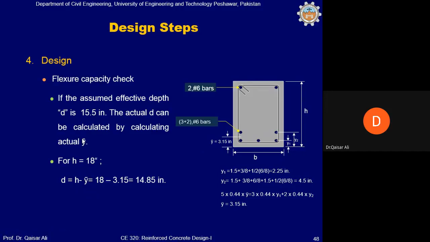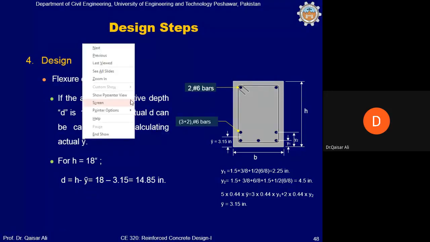I will try to explain this a little bit more to you. When we start our calculation, we do not know the number of bars. We just say the area of steel here, and we say that this is the effective depth.